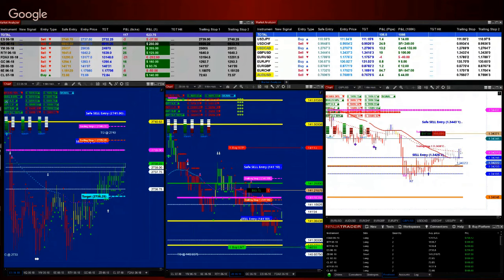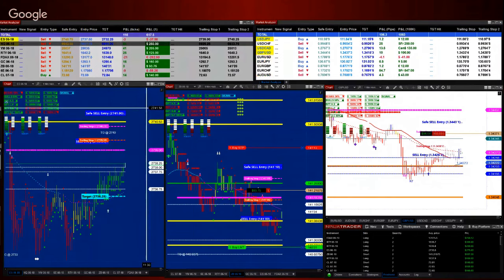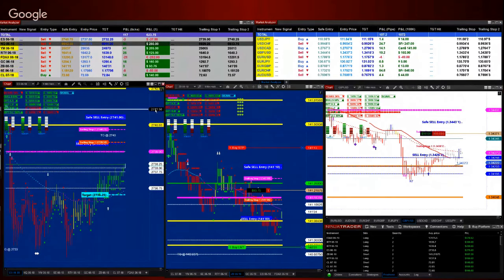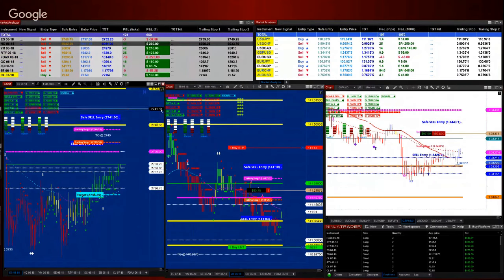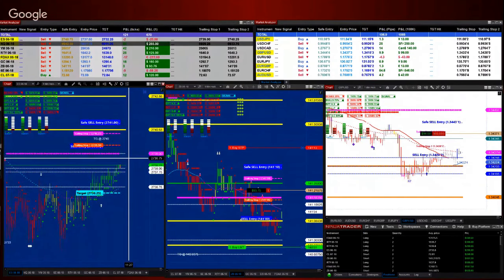If we are able to break that area here, then we're going to have a new signal. I would love to get a new signal for you guys. Let's see. It's like we are begging for a tick.